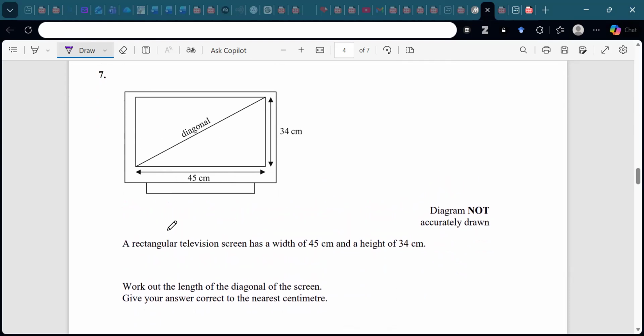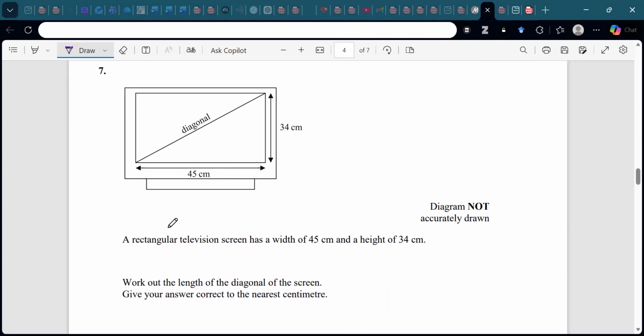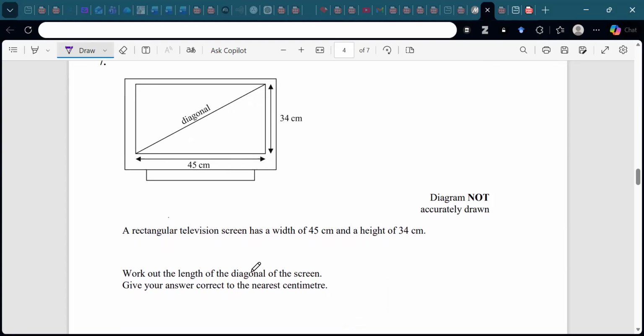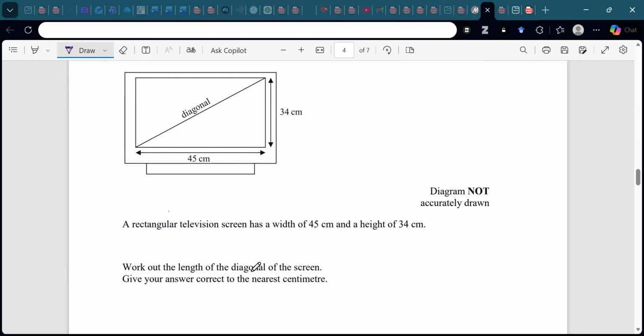And the sum of the interior angles is going to give us 360 degrees, with each angle being 90 degrees. So it says that we have a 49 centimeters width and a 34 centimeters height.